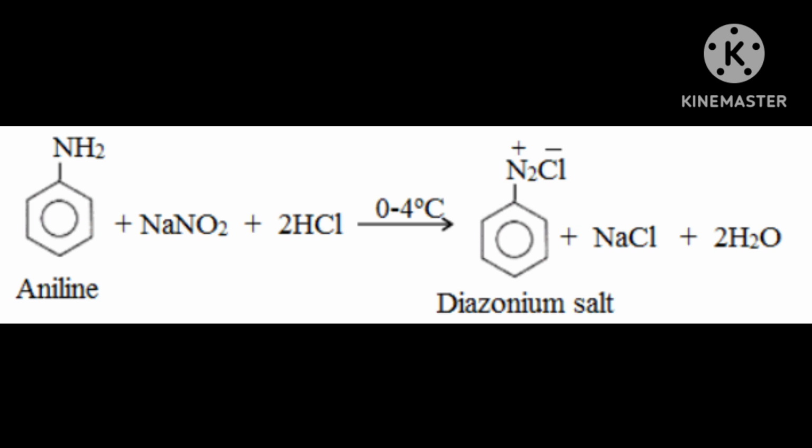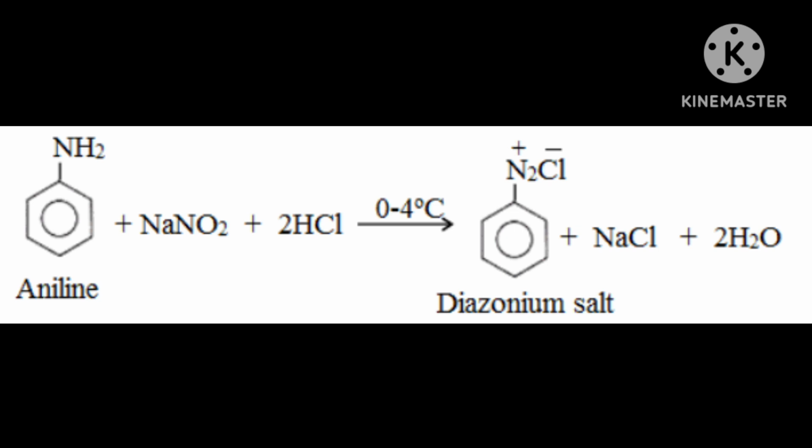Now the positive charge is dispersed in the ring. From the sixth carbon, it has now reached the second carbon. Then you are getting a total of 4 resonating structures.